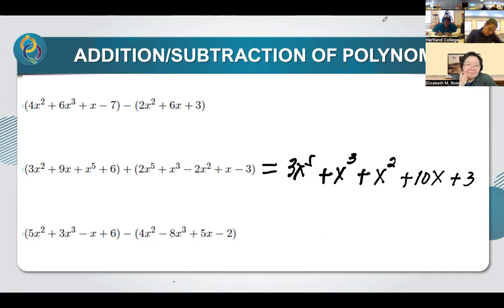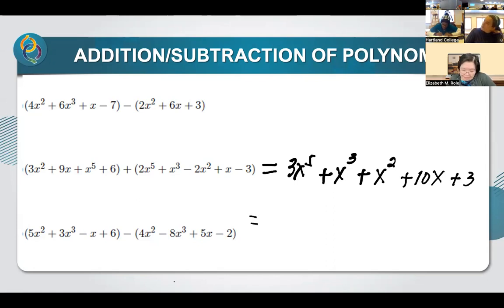Manish, how are you? Are we okay? Yes, because we now have 3x cubed plus 8x cubed.